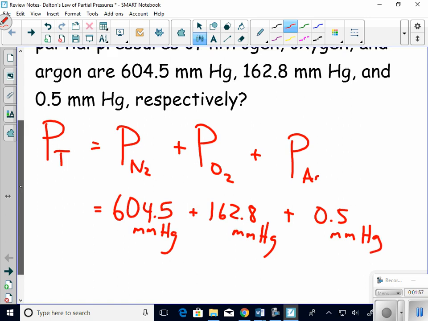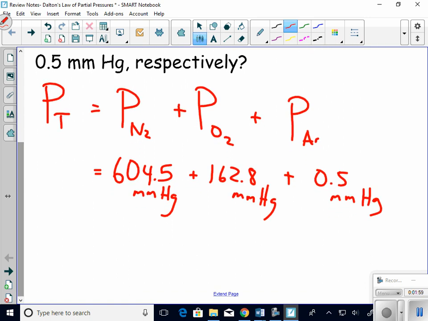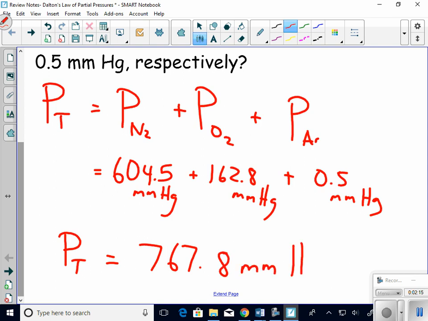When I added all of those together, my total pressure came up to be 767.8 millimeters of mercury.